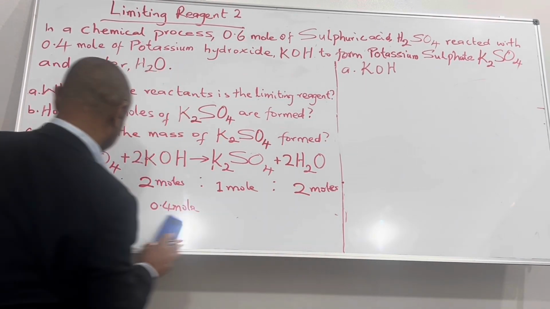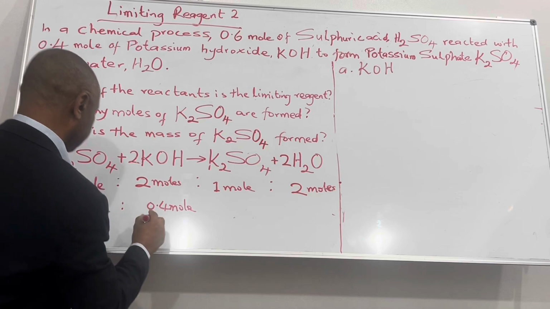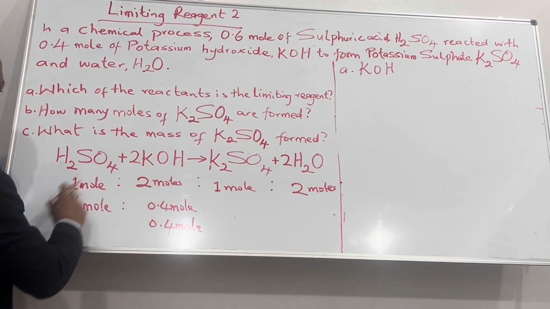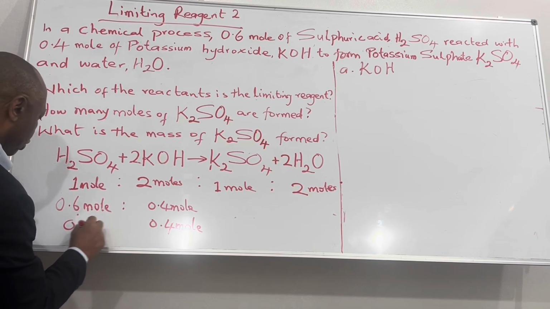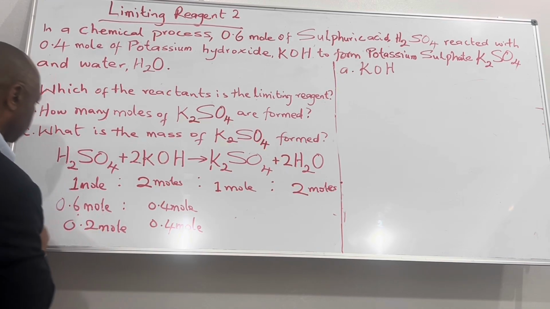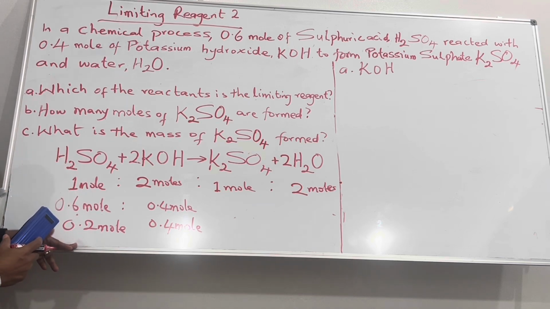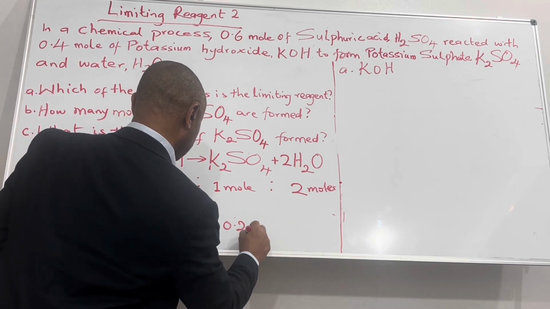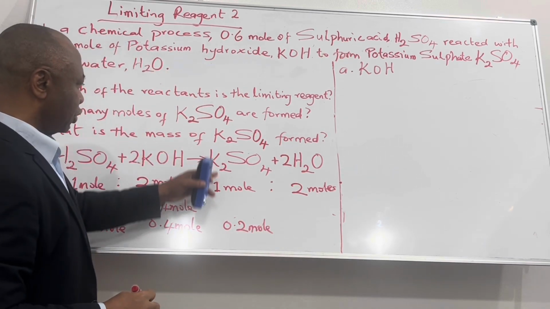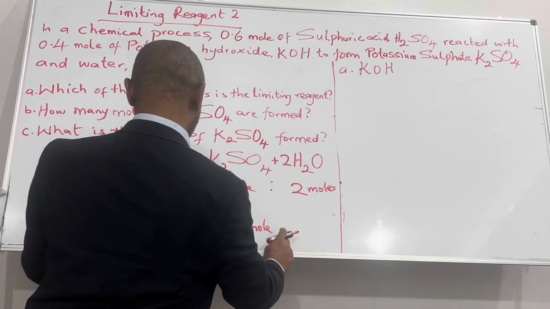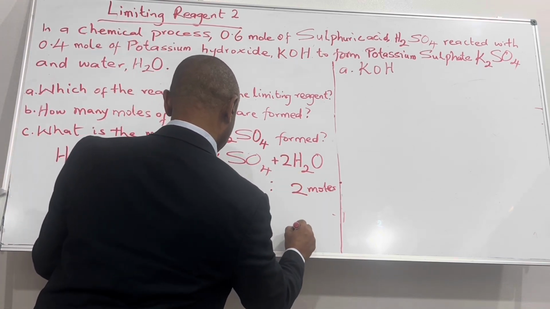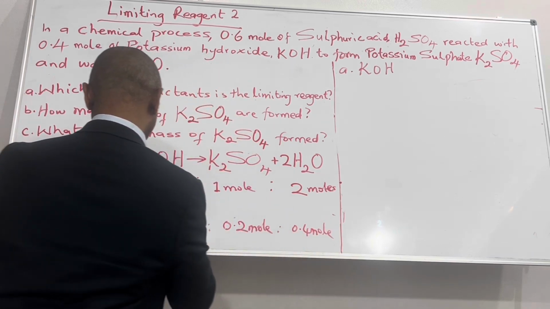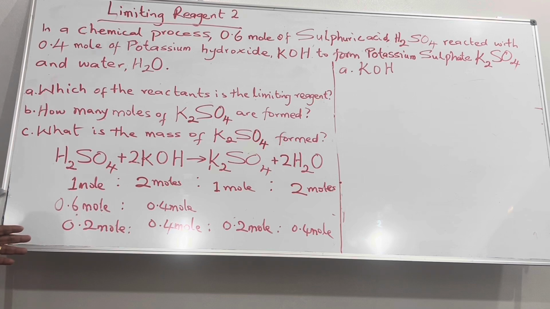So, when you have 0.4 mole potassium hydroxide, it will require 0.2 mole sulfuric acid to give 0.2 mole potassium sulfate and 0.4 mole water.